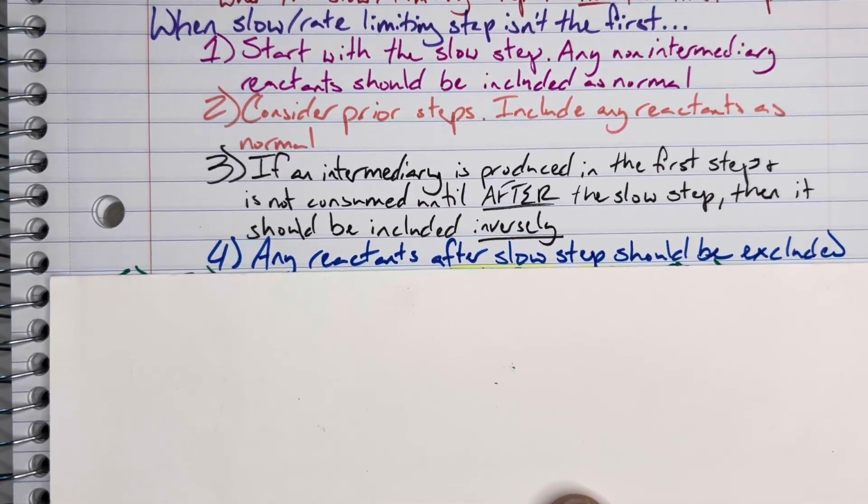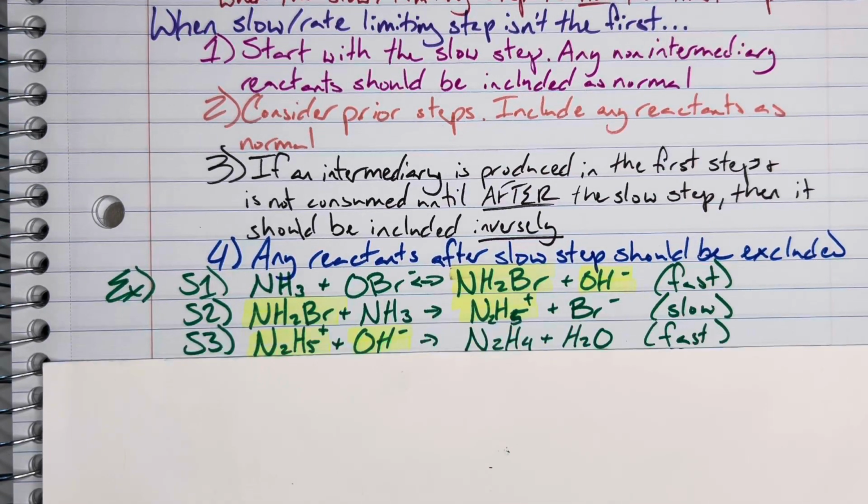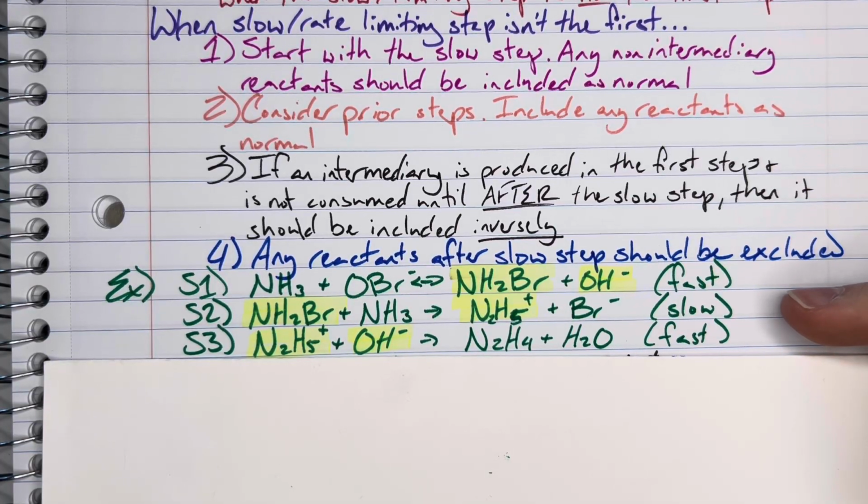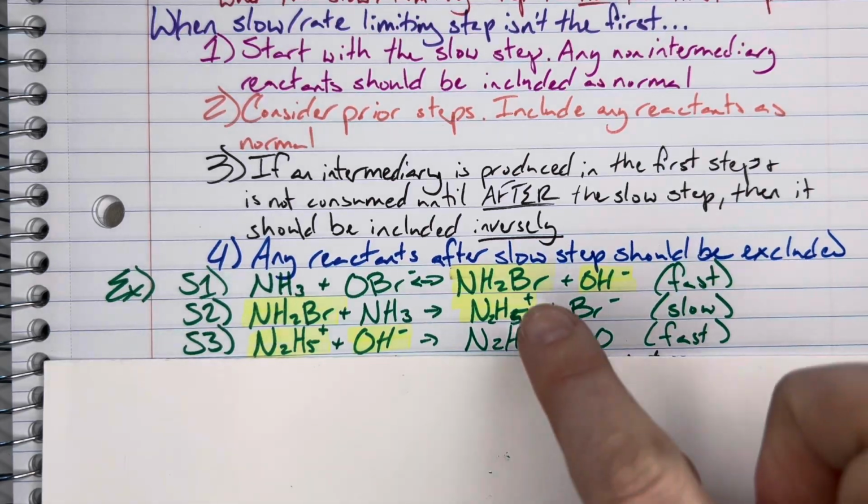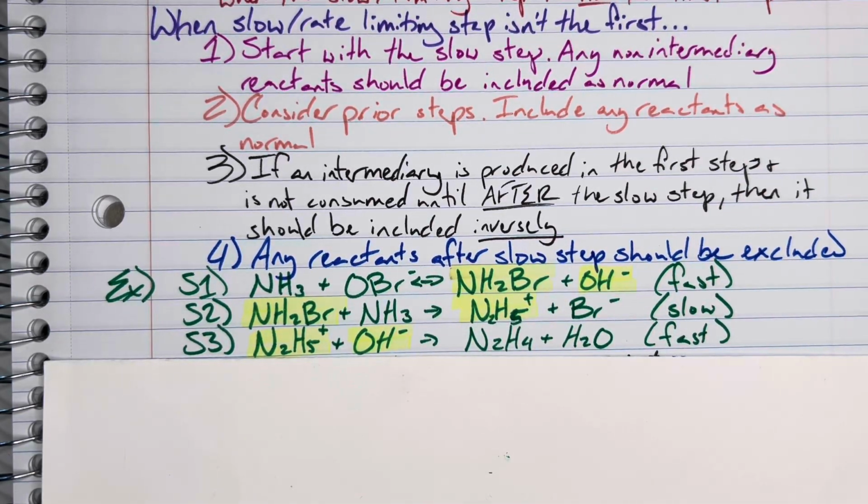So we're going to look at an example. We have this three-step mechanism here. And we can see that our rate limiting step is step 2. I have highlighted any species that are not going to make it through the reaction intact.